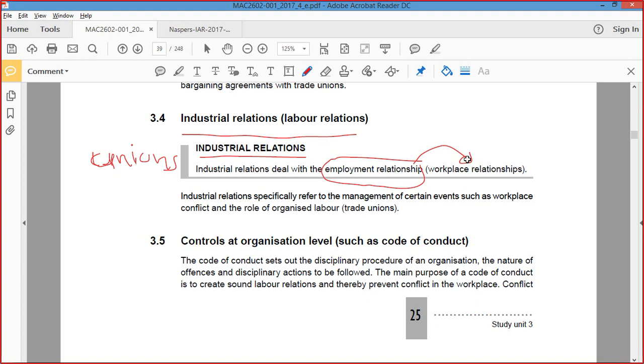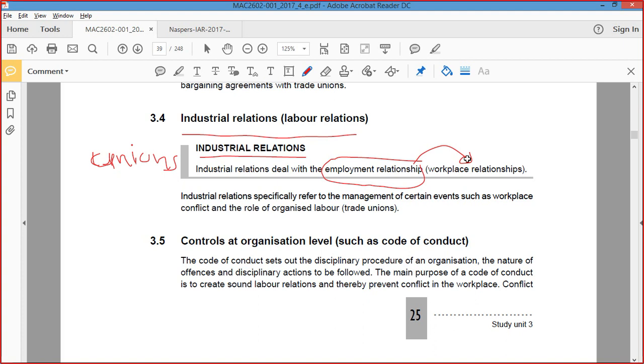Is it good? Is it bad? Is it, how can I say, more open or more closed? I think that's probably the best way of viewing it. So open communication versus closed communication, or hierarchy. Industrial relations.